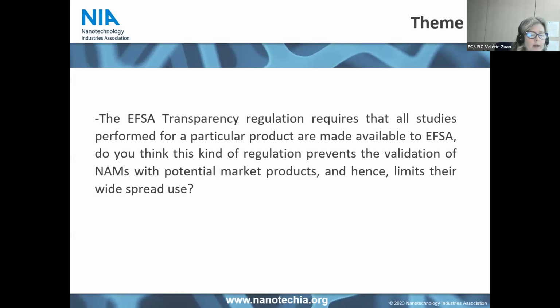I have to check who else. This is a voluntary initiative that was started among regulators. It's just been put in the chat, APCRA, accelerating the pace for chemicals risk assessment.